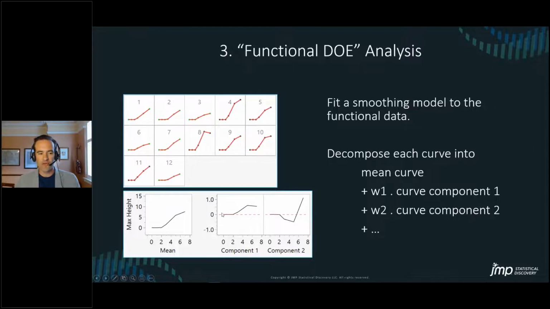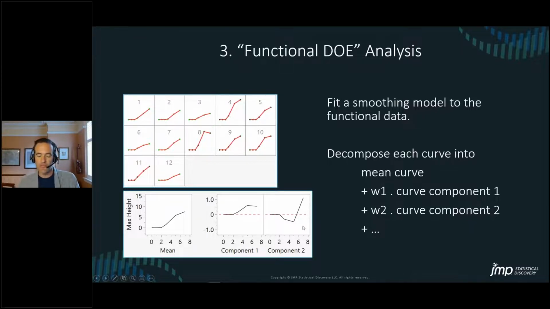Each one of these original 12 curves can be described as a combination of the mean plus or minus some amount of component 1, plus or minus some amount of component 2. Component 1 is the component that's describing the most variation. Then it'd be component 2, and then potentially 3, 4, however many you need. In this case, 2 components does a good job.